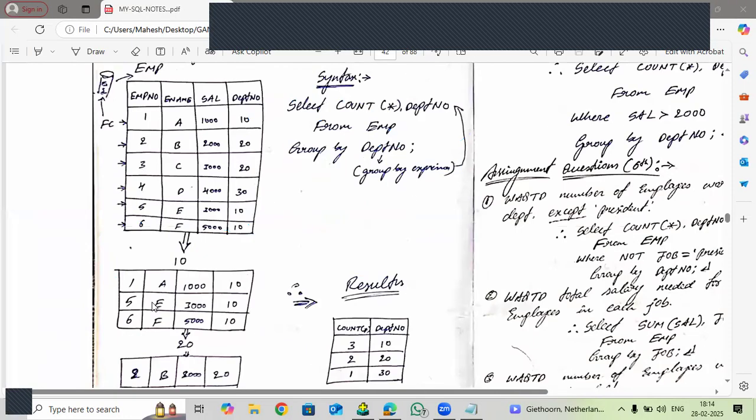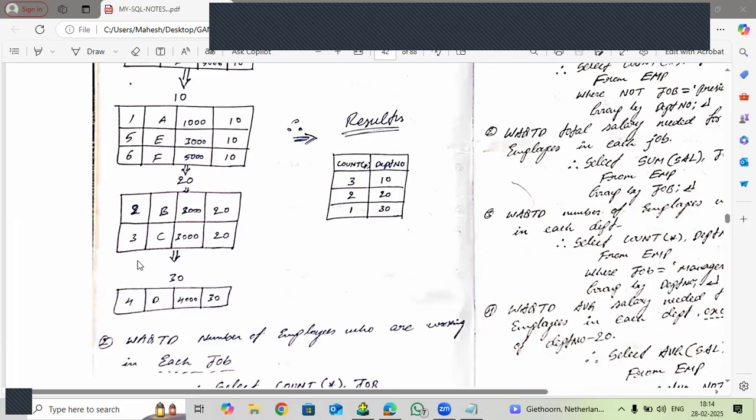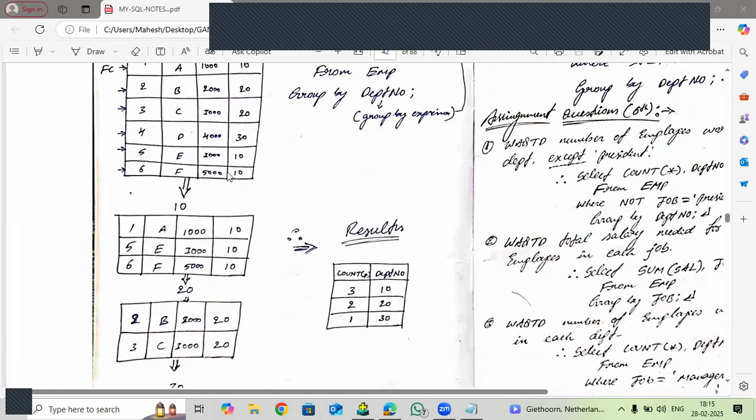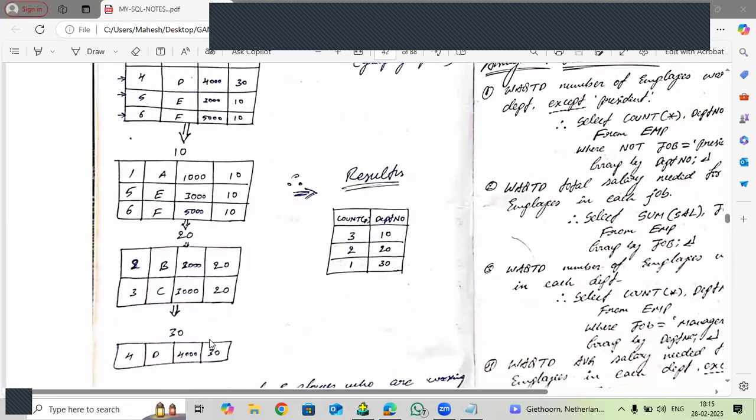So it will go to each and every row and identify the department number, and it will separate. If it finds department number 10, all the department number 10 values are separated. If it is 20, all the department number 20s are separated. And 30, all the department number 30 are separated. So it has grouped 3 different departments: 10, 20, and 30.